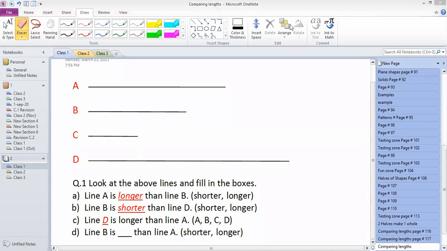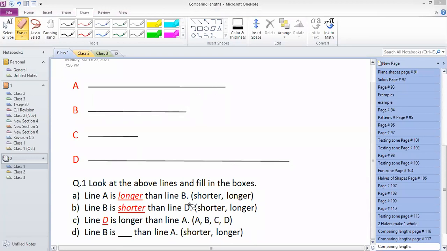Okay, guys, I'm going to open your mic and you will tell me, line B is dash than line A, shorter or longer? Shorter. Very good. The answer is shorter because you can see B is shorter, A is longer.